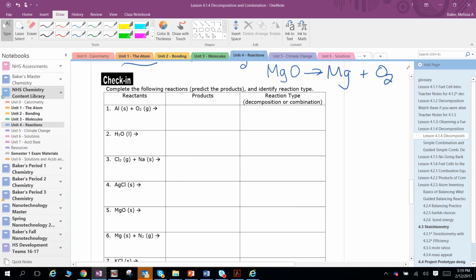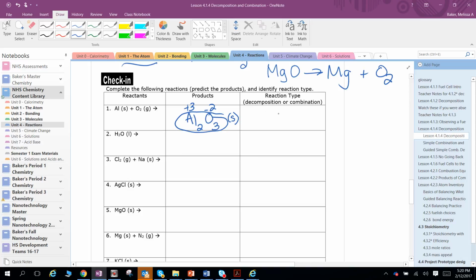Something that's new is revisiting the idea of crisscross when you're writing a product. So, for example, when aluminum and oxygen form an ionic compound here, we have to crisscross their charges. So this would form Al2O3, and since this is ionic, salts are solids.